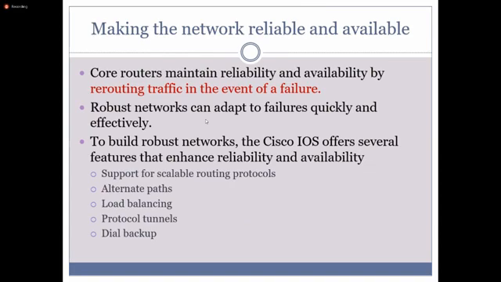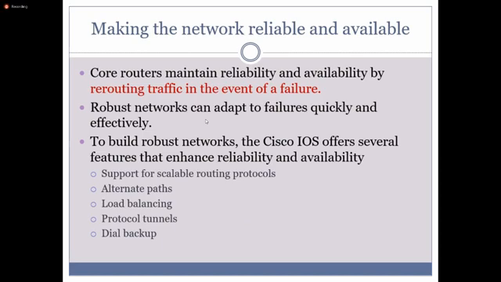Dial-up backup means that generally we have a leased line. If the leased line fails, then the total internet connectivity drops. So we keep a dial-up backup, which does not cost much. If the main leased line goes down, the traffic will go through the dial backup.